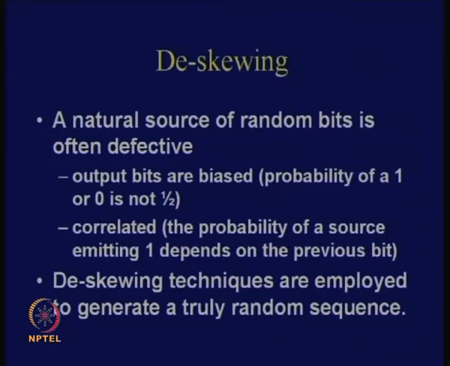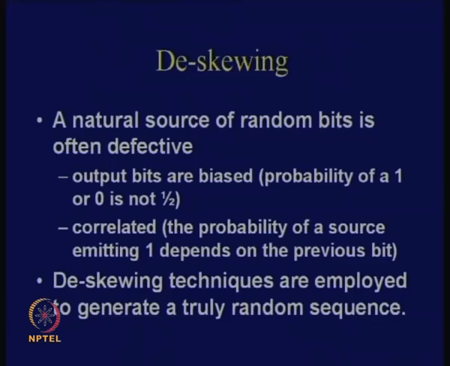The idea is that suppose there is a natural source of random bits and it is defective. Defective means that it results in a probability of a 0 occurring of some value p, and p is not equal to half. Also it may be correlated. Correlated means a particular bit depends upon the previous bit.